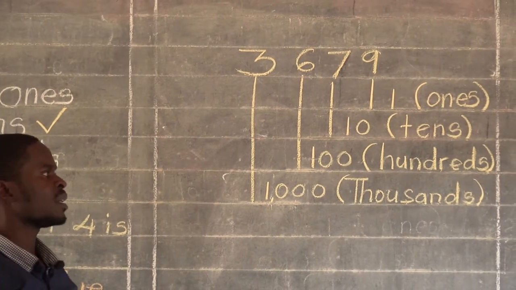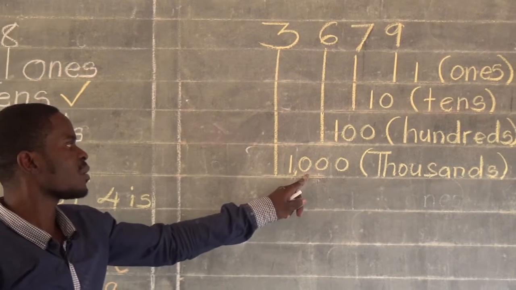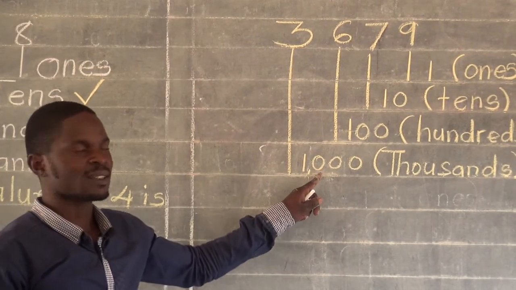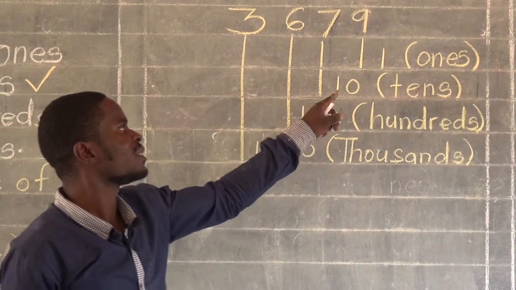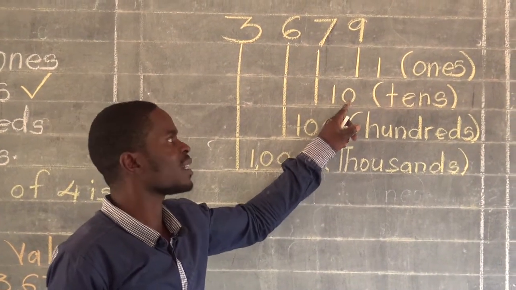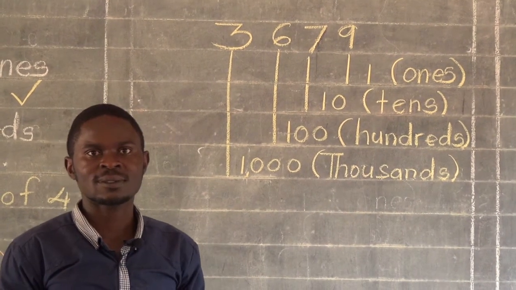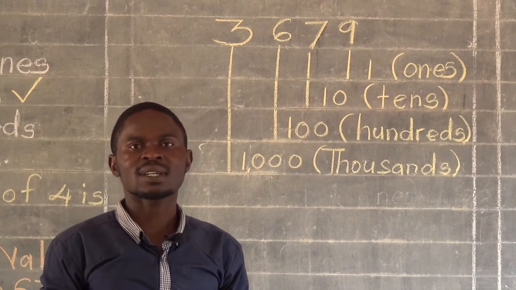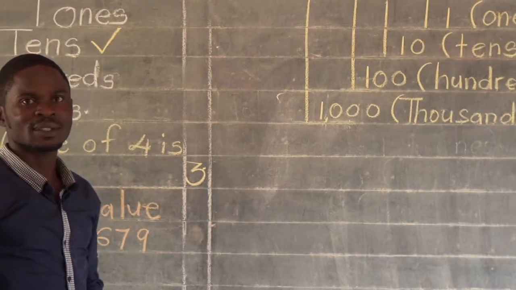Therefore, that is how to write these place values in figures. Thousands is written like this in figures, hundreds is written like this in figures, tens is written like this in figures, and ones is written like that in figures. Let's look at our next example, and that is example number 3.